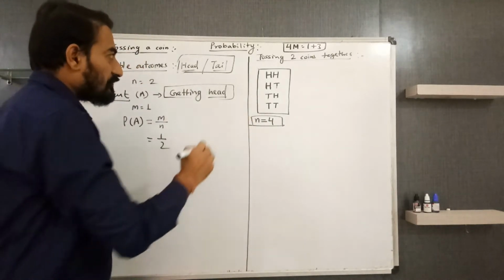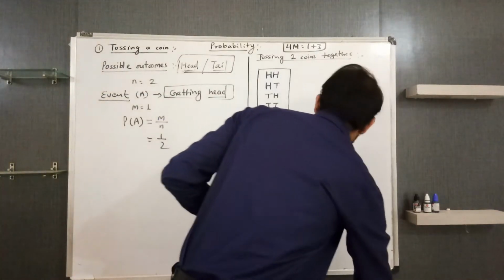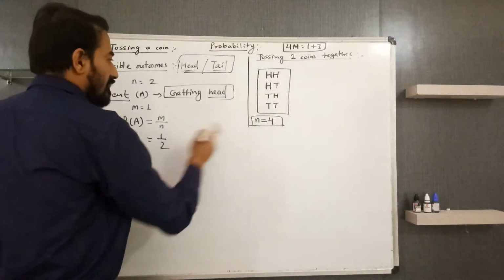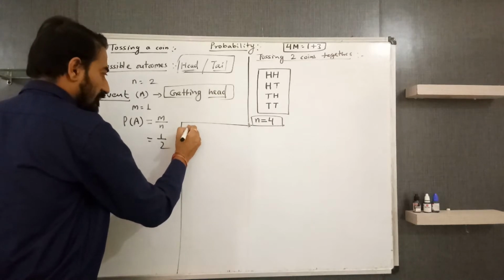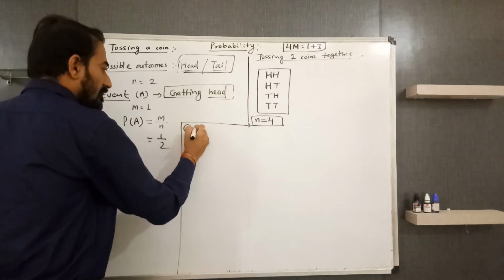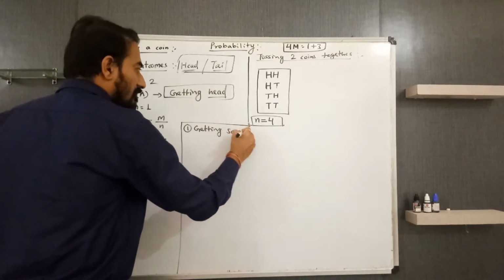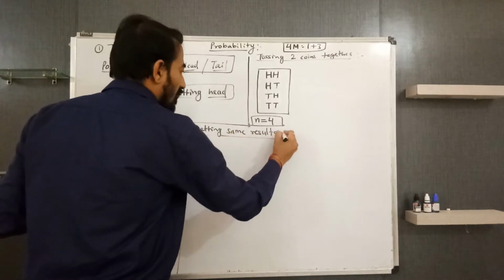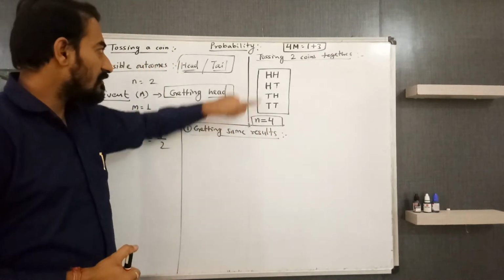Next, if we think about the event, the first event may be getting the same results. Look at all the possible outcomes in which we have the same results.